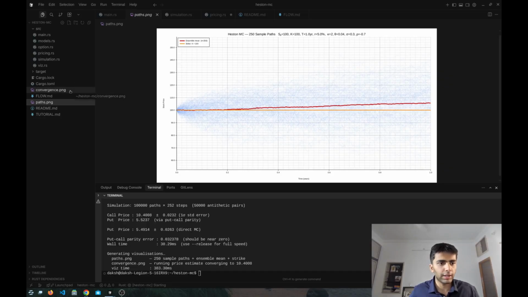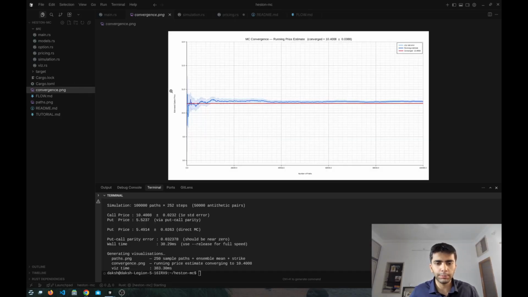Okay, and then in the convergence.png, we have the different paths, what price it predicted, and after these many paths, the price converged to approximately $10.4. Okay, so yeah, this is what we are going to be building, guys. It's going to be a very exciting build, so stay tuned.